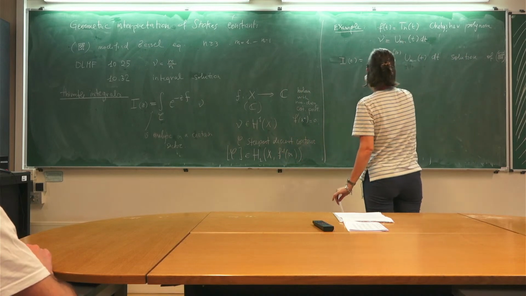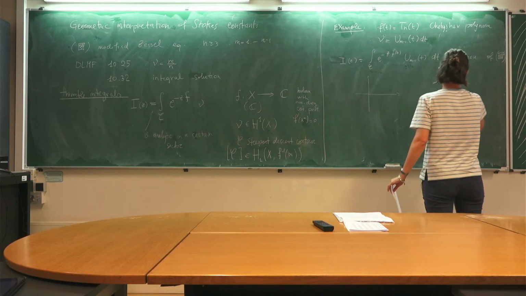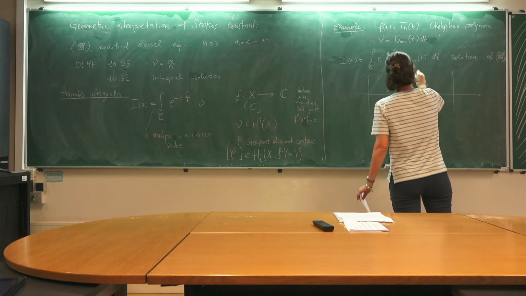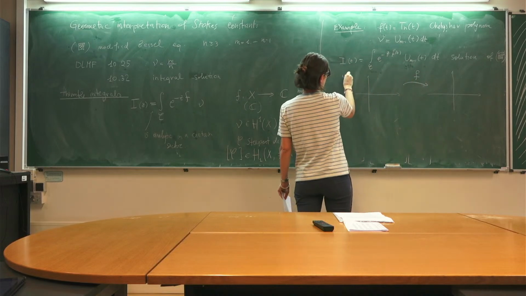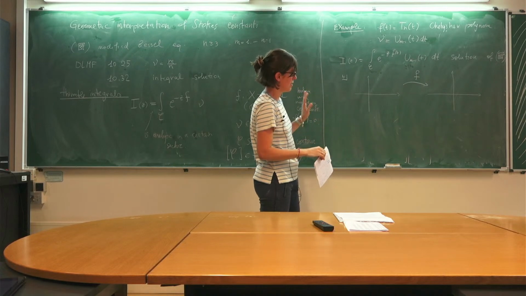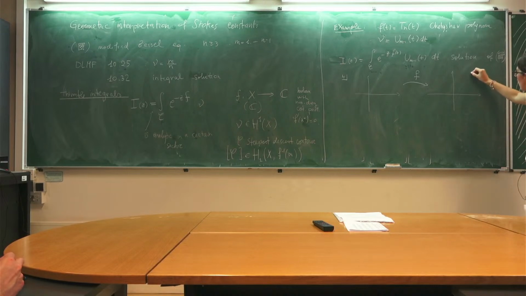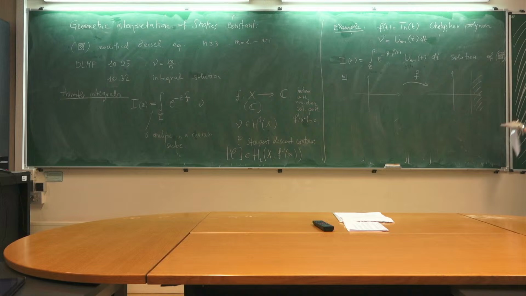You have your map F. This is F. This is the T-plane, which has nothing to do with the Z or with the zeta. Let's say you take the preimage of plus infinity. It means you take the preimage of a region here.